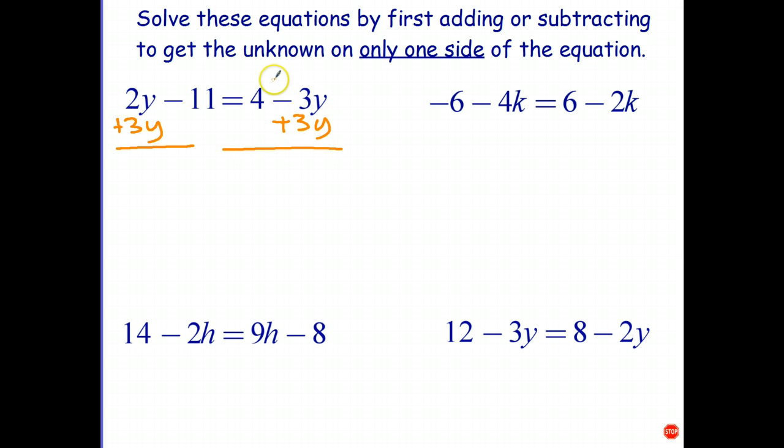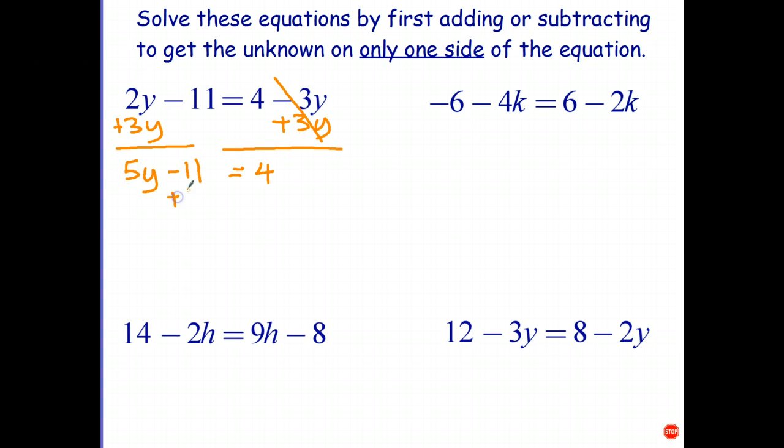Minus 3y plus 3y, that cancels out, or subtracts out if you want to be slightly more precise. 2y plus 3y is 5y, subtract 11 equals 4. And notice by adding 3y to both sides, I've kept my coefficient on y positive. So if one of your two terms involving the unknown is subtracted, then add that term to both sides.